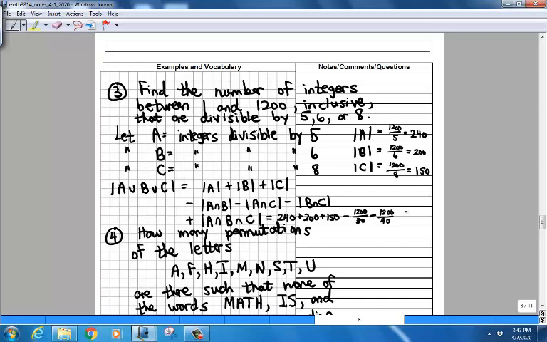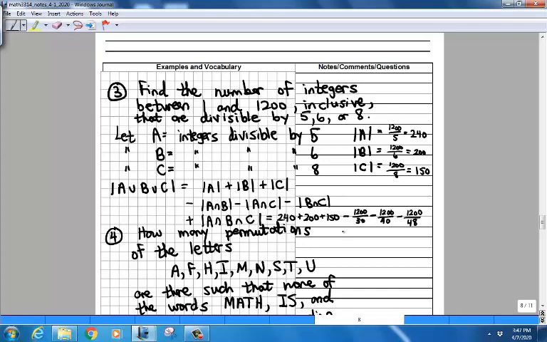And then finally, B and C, we want numbers divisible by both 6 and 8. That would be numbers divisible by the product of those two. So that would be this many numbers: take 1200 and divide by 48.